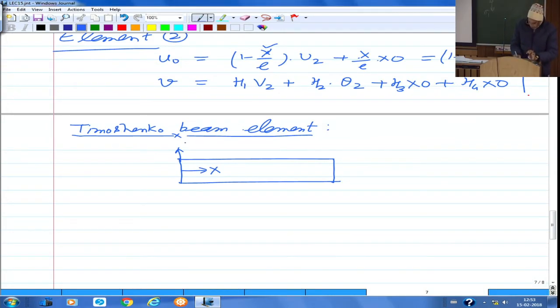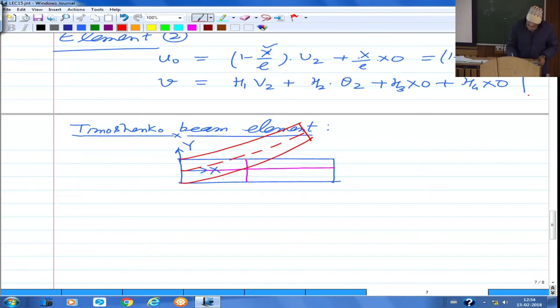I'll just briefly talk about this Timoshenko beam theory. So this is, let us say, the neutral axis, and if you consider a normal to the neutral surface in the undeformed configuration, let us say this is the normal, and then this deforms, and in the deformed configuration, let us say this beam takes a shape like this, and this is the deformed neutral axis.